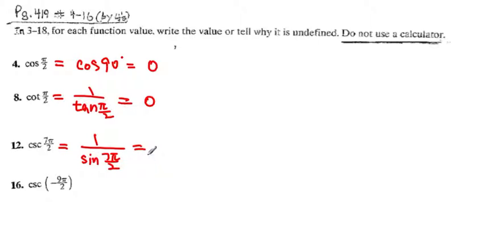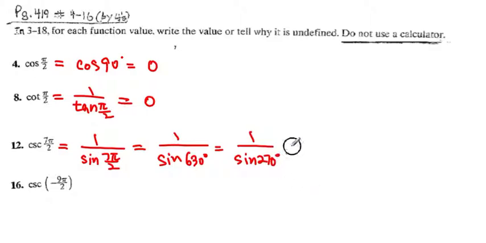That's equal to 1 over sine of, since pi over 2 is equal to 90 degrees, we have 7 of them, so we end up getting 630 degrees. If you look into this one carefully, this will be equal to 1 over sine of 270 degrees. Now, sine of 270 is in fact equal to negative 1. So therefore, we end up getting 1 over negative 1, which is equal to negative 1.